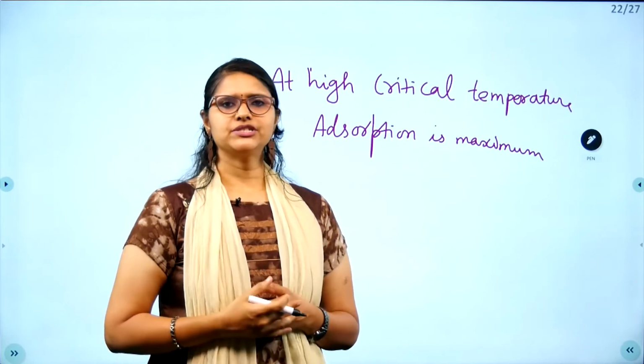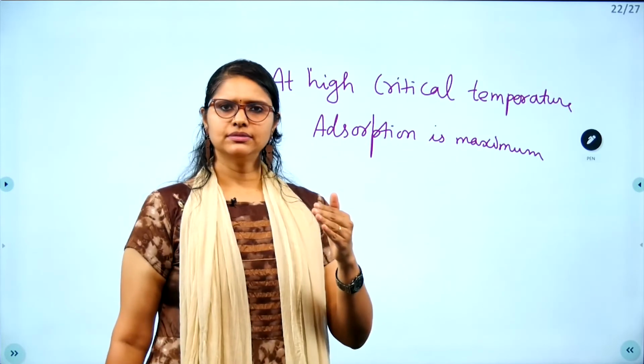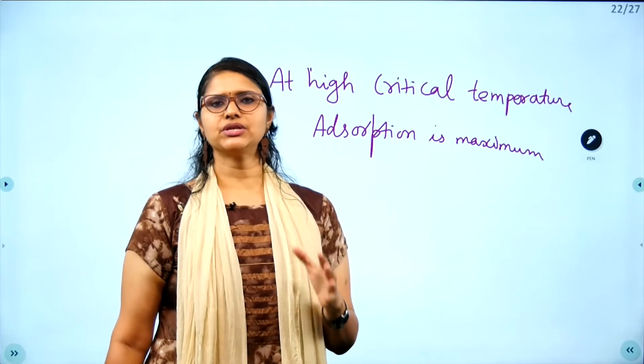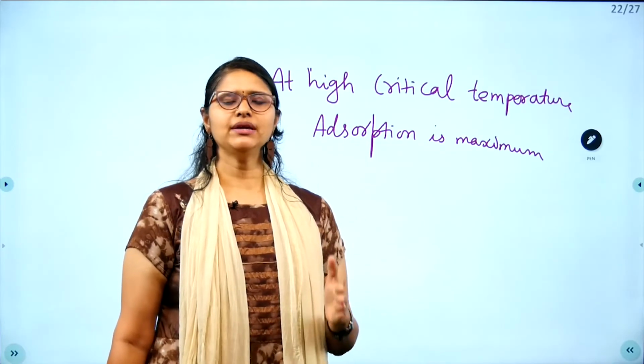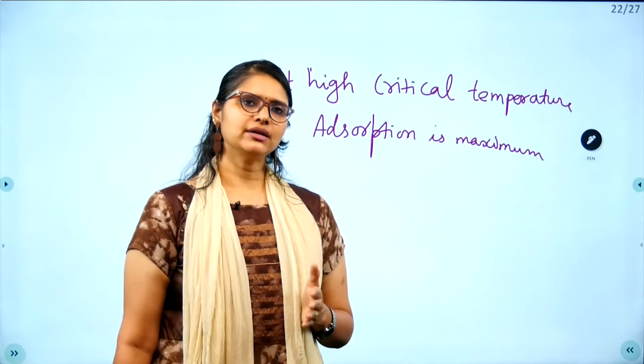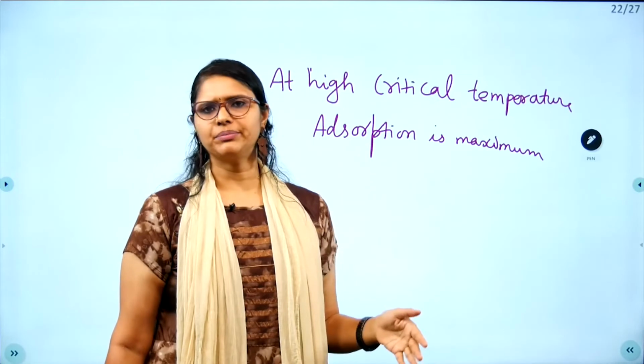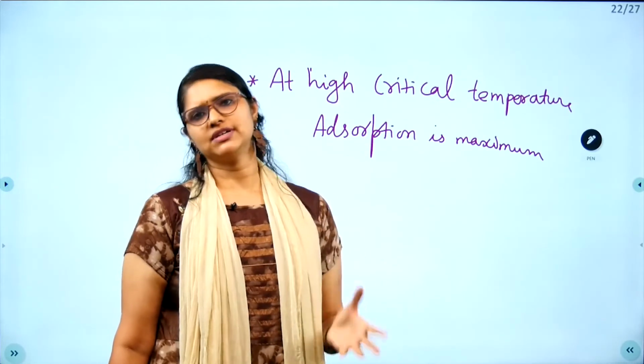What is critical temperature? The temperature above which the gas cannot be liquefied. The temperature above which the gas cannot be liquefied is nothing but critical temperature. So those gases having high critical temperature can be liquefied faster.